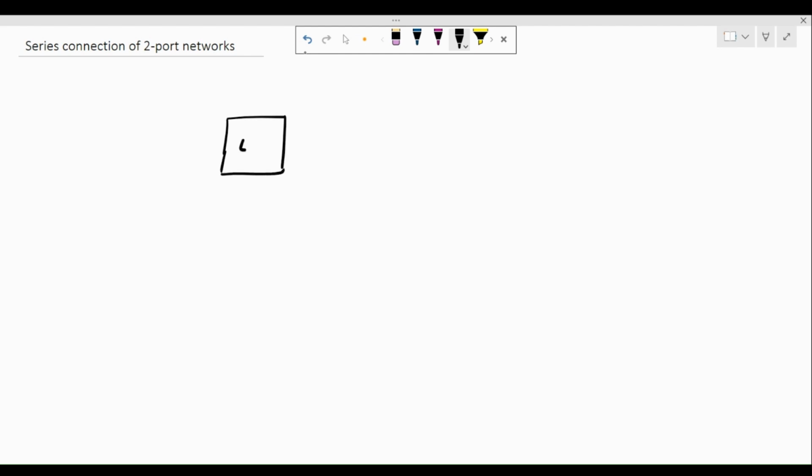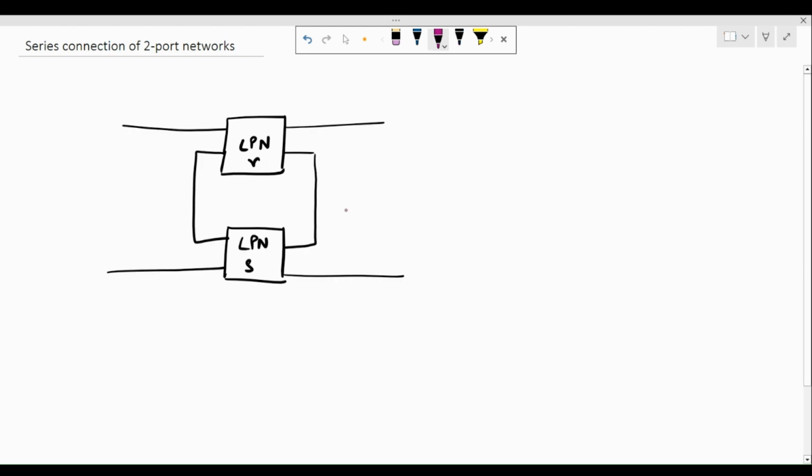So this is the linear passive network named R. This is the linear passive network named S. Now let's consider that this is the kind of series connection that we've given the two networks here, such that this is going to be current IR1 and this is going to be IR2.